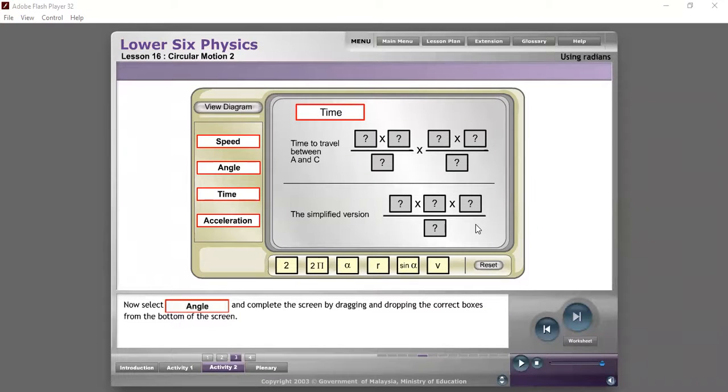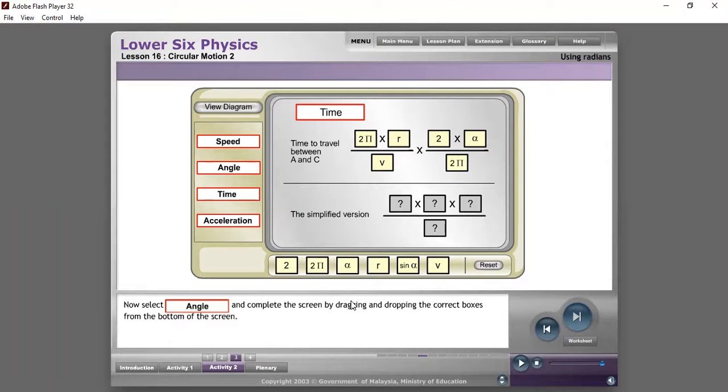Time will be equal to 2 pi r over v, which is the time taken for the whole motion, times the portion. That means the ratio of the angle. So it's 2 alpha, that's the distance moved, over one circle, which is 2 pi.